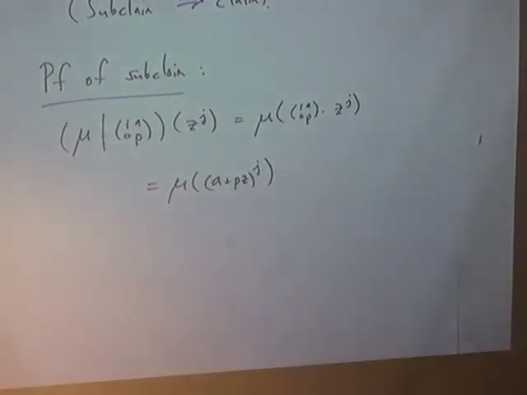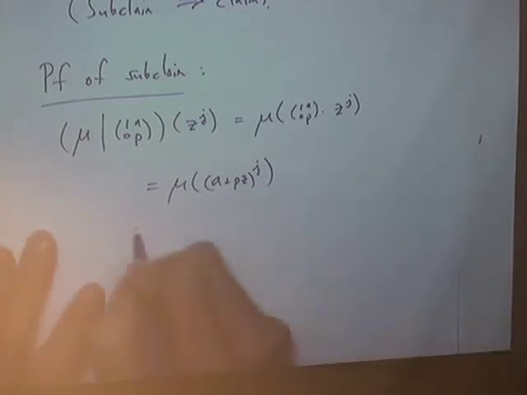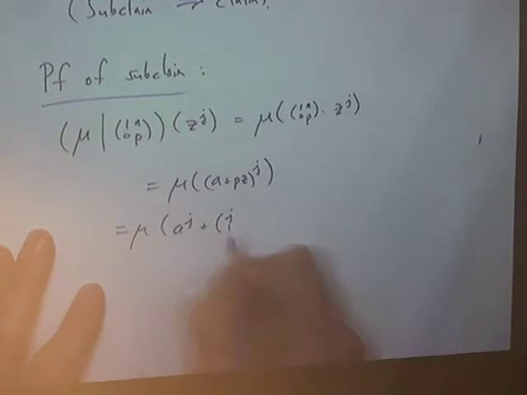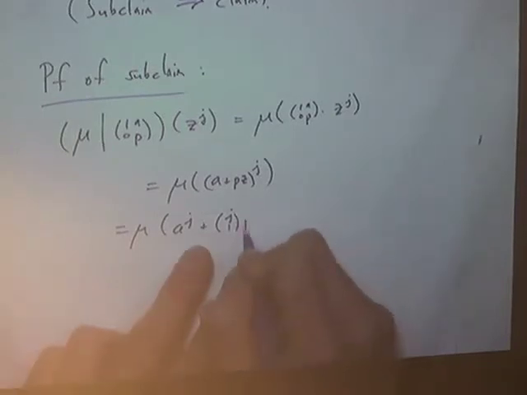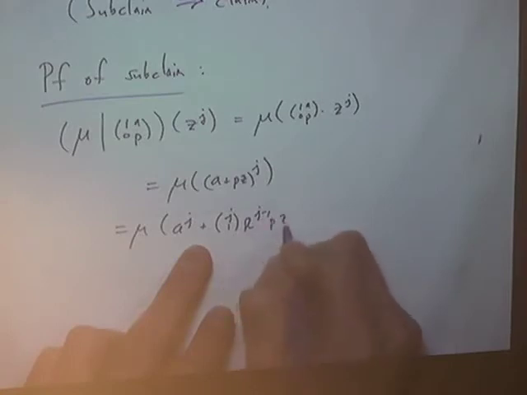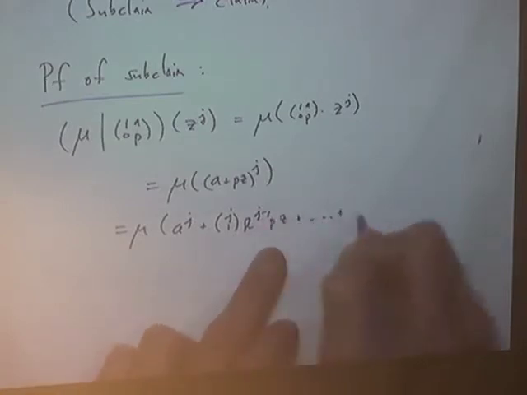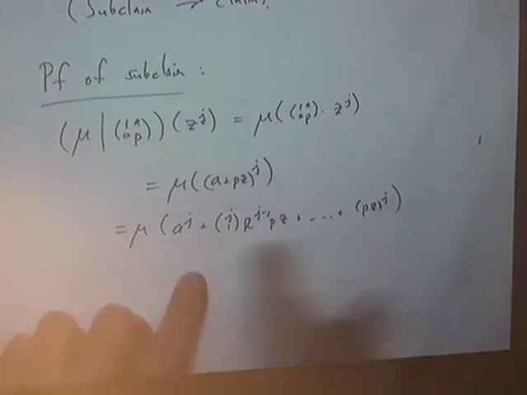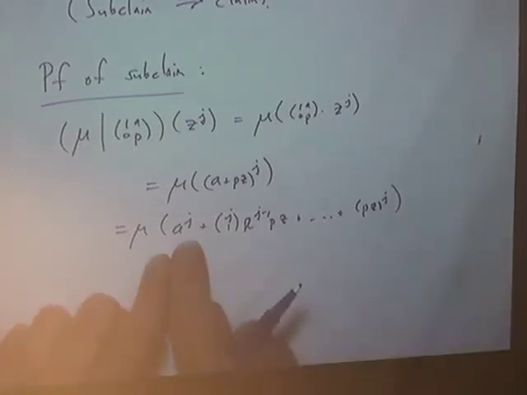And so when I binomial expand this out, I have a bunch of p's, right? Every single term has a p except for the very first term. So this is mu of a to the j, plus j choose 1, a to the j minus 1, p of z, there's the p, onward and onward, up to p to the j, z to the j. So all of these terms have a p in it, but this one doesn't.